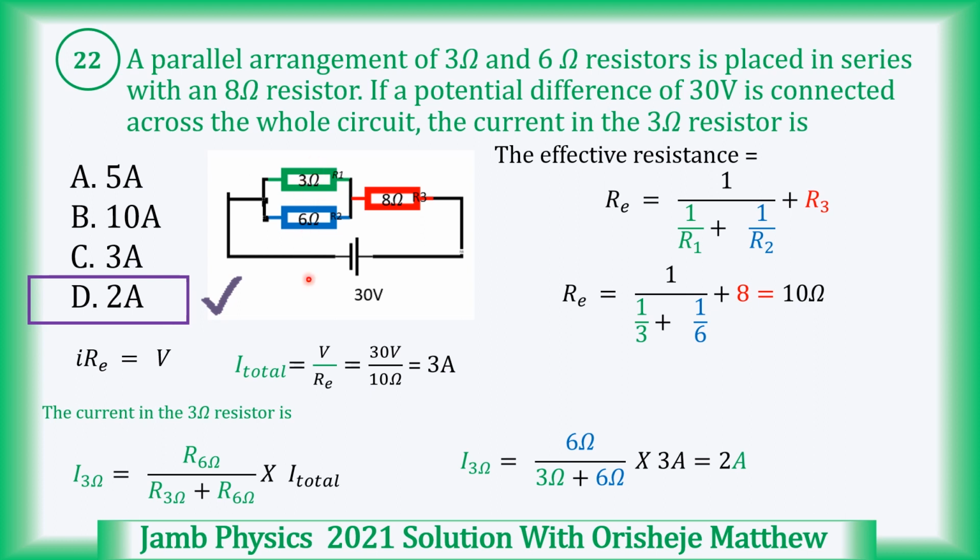The 6 volts is across these two of them, so the voltage across both of them is the same. So you have 6 volts. And if you have 6 volts, what is the current across the 3 ohm? What will I use to multiply 3 to give me 6? That will give me 2 ampere. So that is the second method.